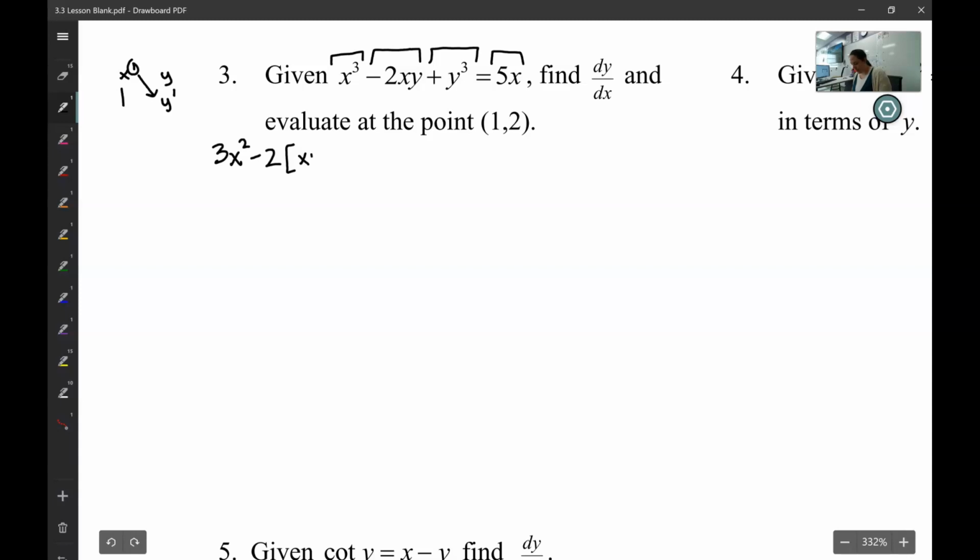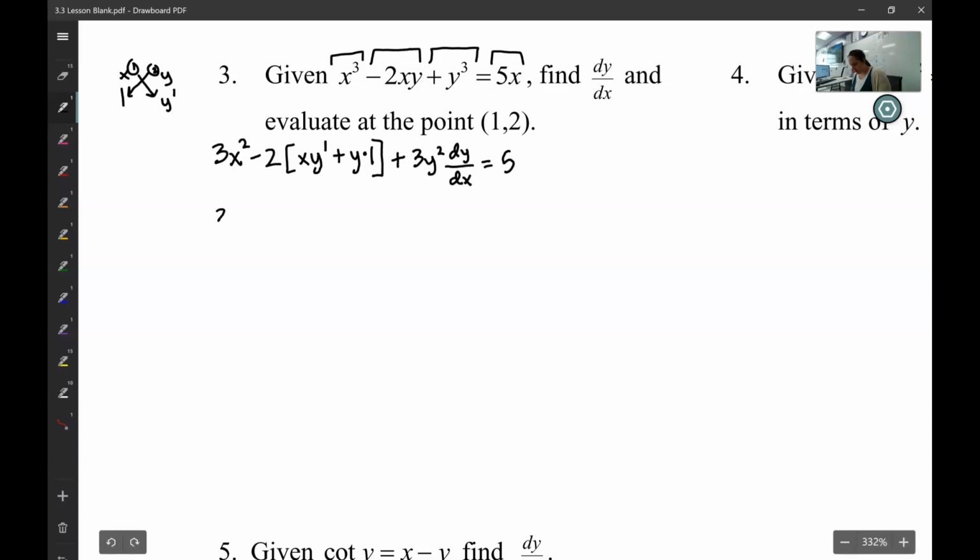So x times y prime plus y times 1 plus the derivative of this one is 3y squared. I need my hook-on for this one, dy/dx, equals, derivative of that is 5. My hook-on would just be dx/dx, so I don't actually need it.